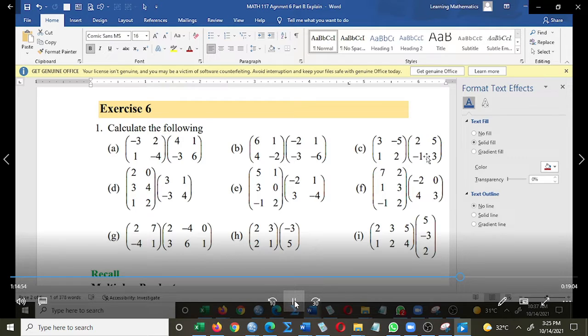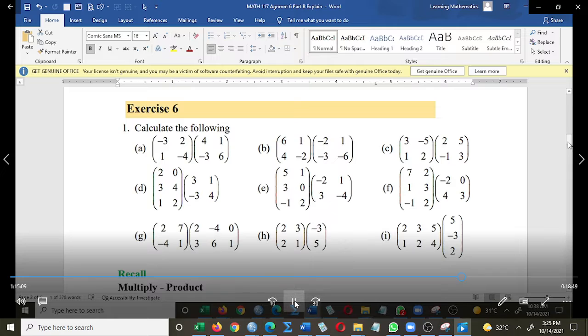That's how you would say it. Have two elements. The first row of the first matrix has two elements, and the second of the second matrix has two.